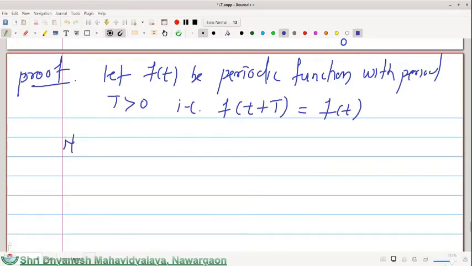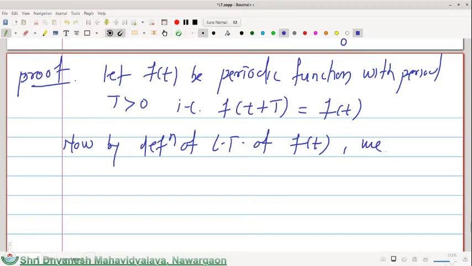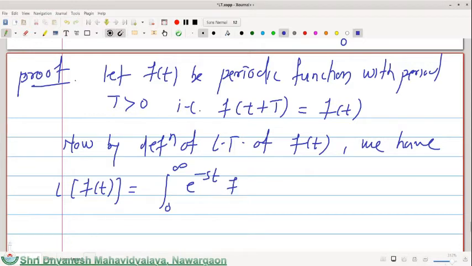Now we use the definition of Laplace transform. By definition, the Laplace transform of f of t is equal to integration from 0 to infinity e to the power minus st f of t dt.